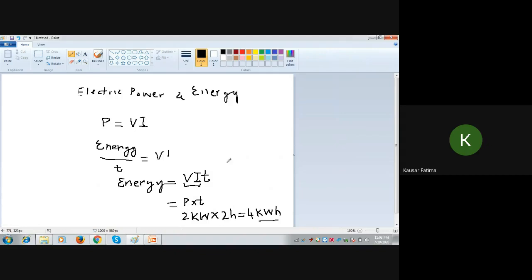Kilowatt hour is the unit of energy. We use this unit while calculating the bill.